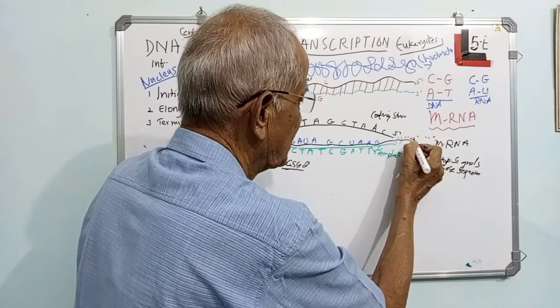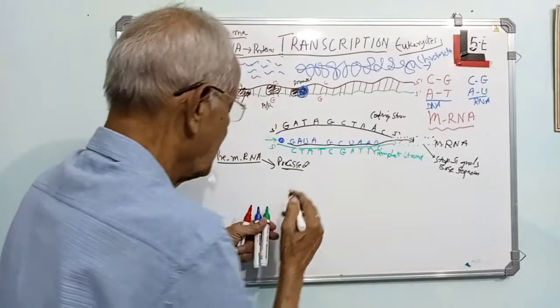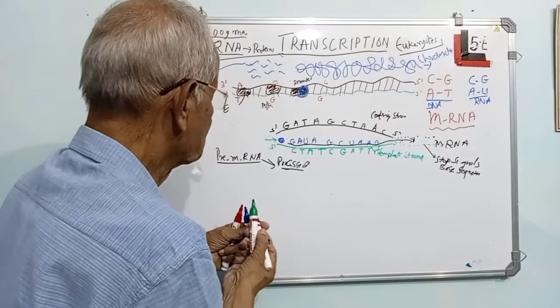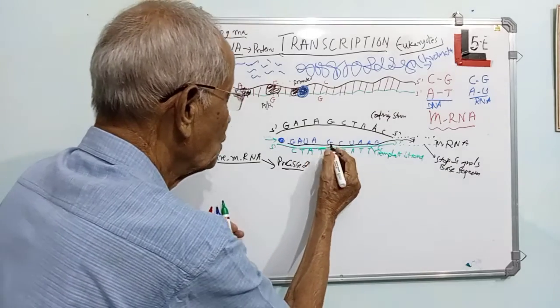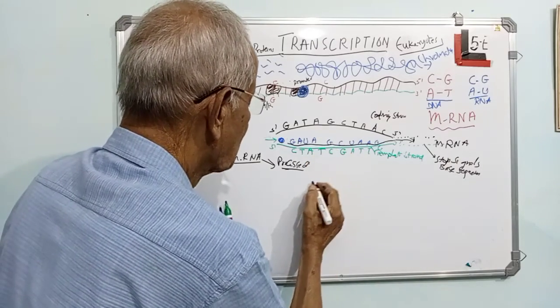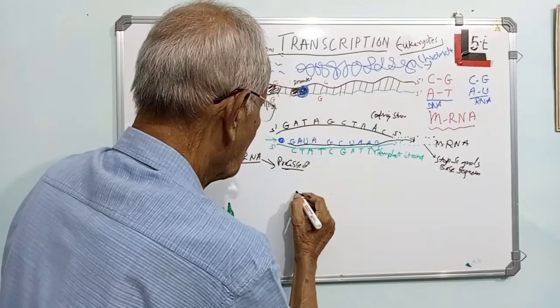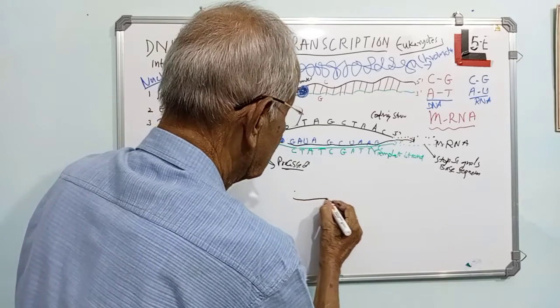So termination takes place, and this RNA which is produced, the pre-mRNA, now comes out of the DNA molecule, and it comes out like that.